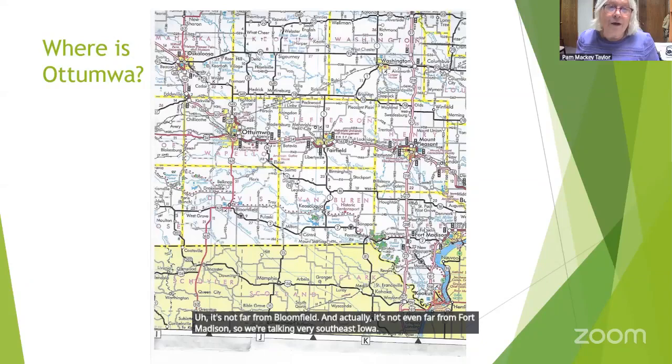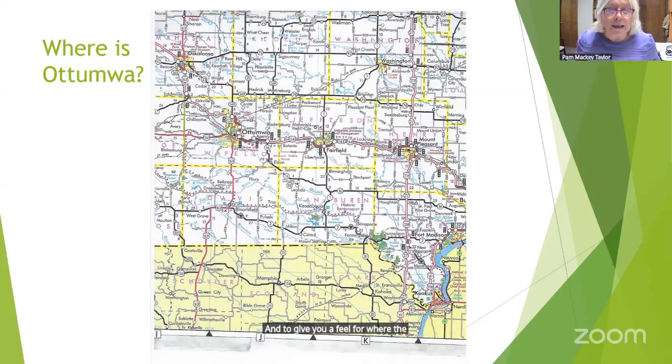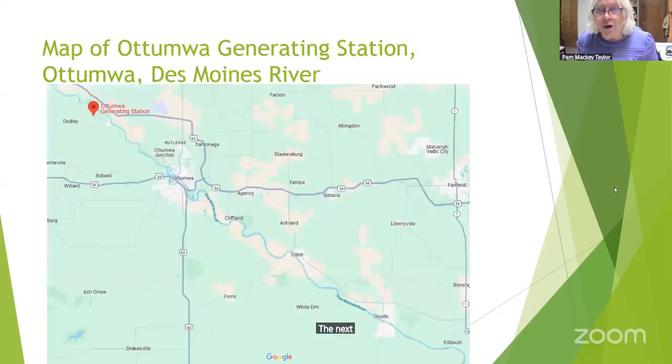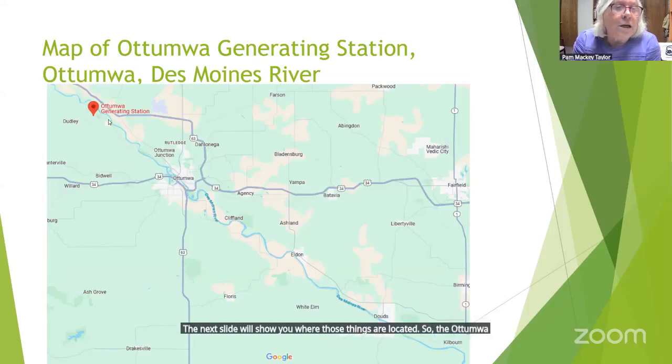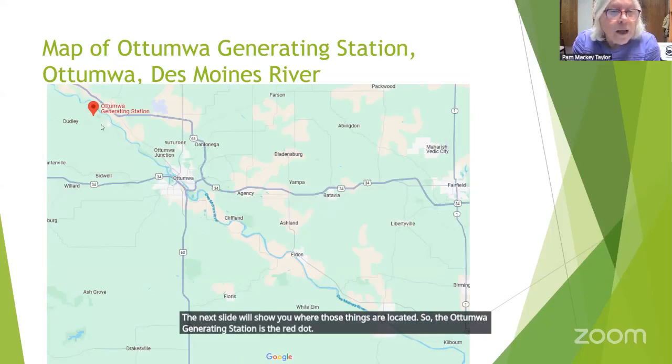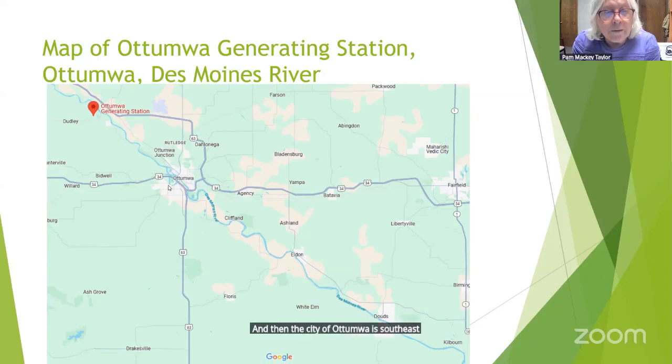And to give you a feel for where the coal ash site is, and the Ottumwa Generating Station is, the next slide will show you where those things are located. The Ottumwa Generating Station is the red dot. And then the city of Ottumwa is southeast of there.